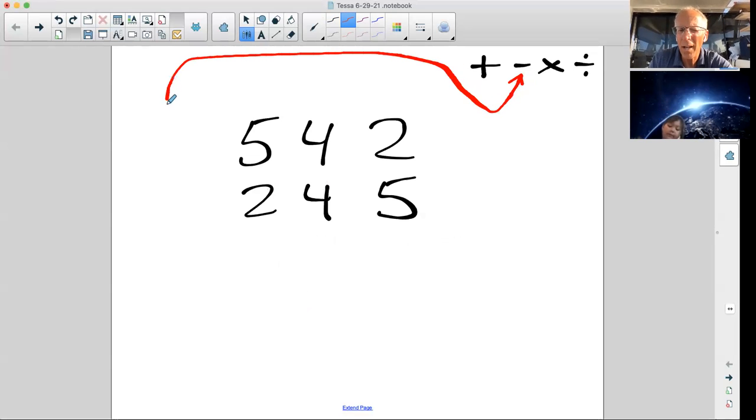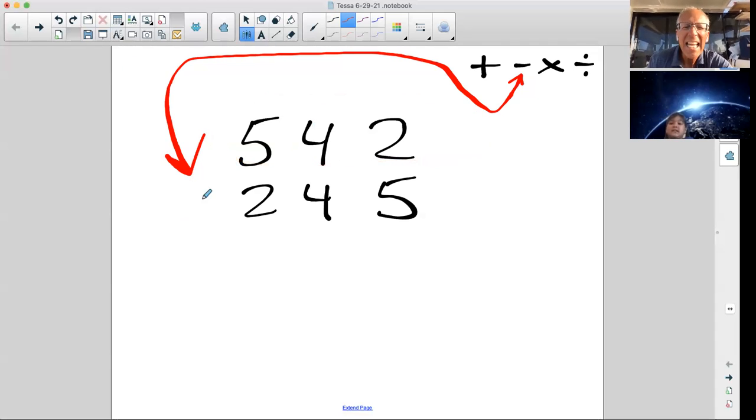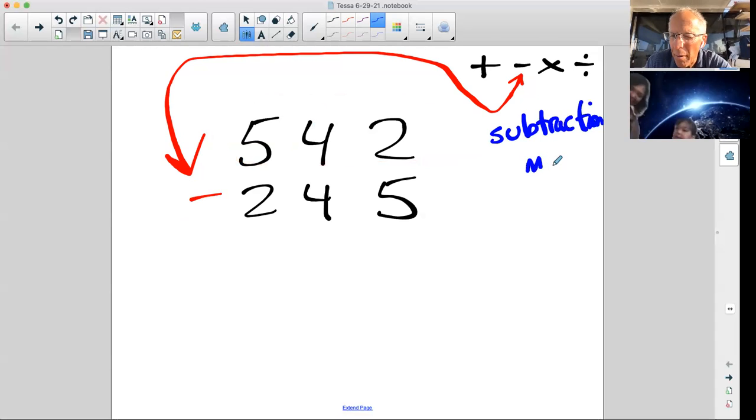Wait a minute, hold on. You have not yet told me what you're doing. Yes, it's called subtraction. We are doing subtraction. And yes, we use the word minus. Do you know what the answer to a subtraction problem is called? It has a name.